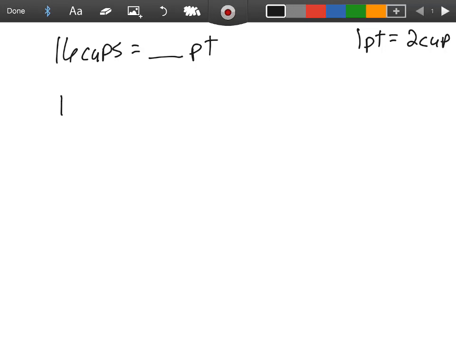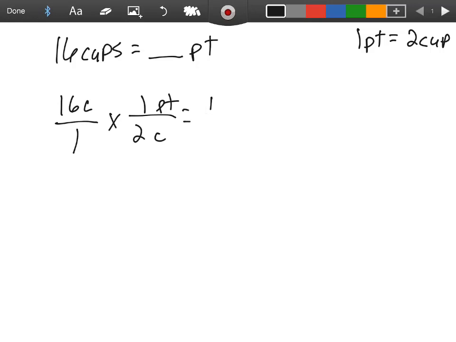So let's say we have 16 cups, and we want to know how many pints that is. So we look at our conversion factor, and we see that 1 pint is equal to 2 cups. So we set up our problem, 16 cups on top, cups on the bottom, pints on top. 1 pint is equal to 2 cups.